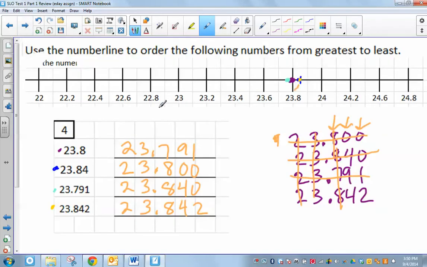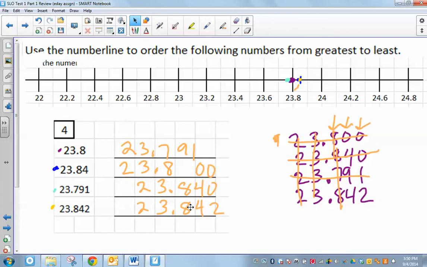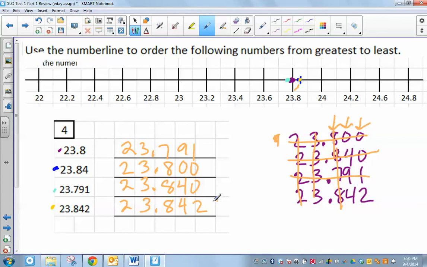All right, now we're going to do some ordering numbers from greatest to least. So I can see that my greatest number and my least number, by looking at my place values, the 2 is the same, the 3 is the same.